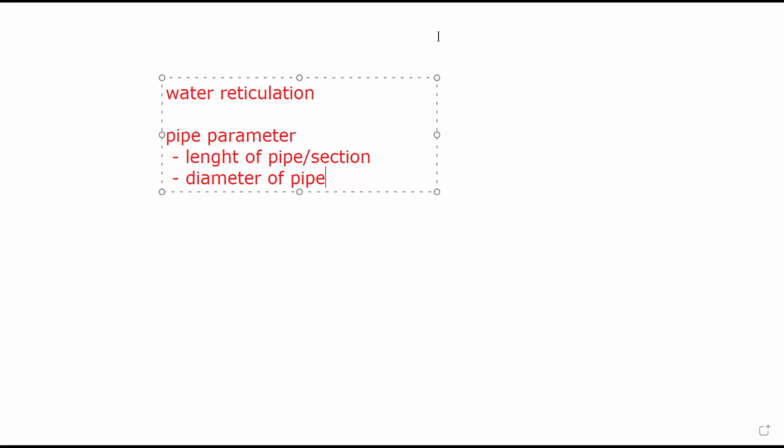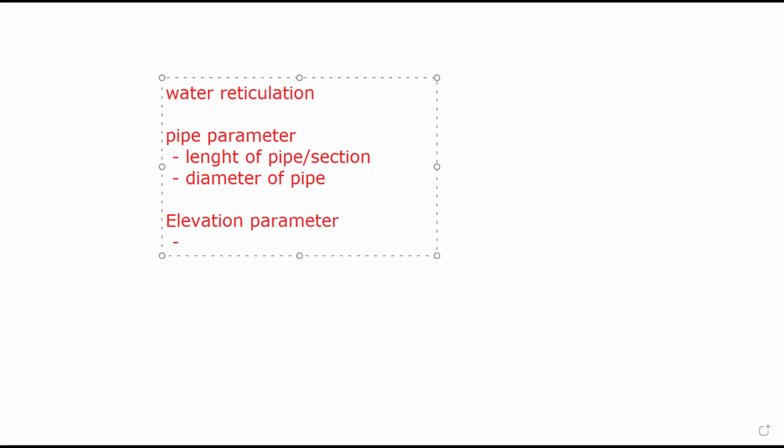The second one is called elevation parameter. And under elevation parameters, you must talk about what is the water demand at every node. Okay, sorry, this one is not elevation parameter. This one is called node parameters.